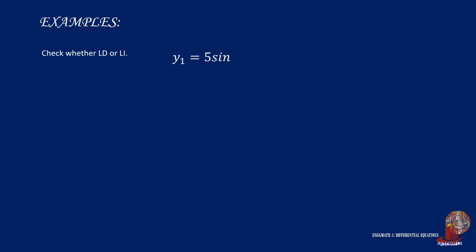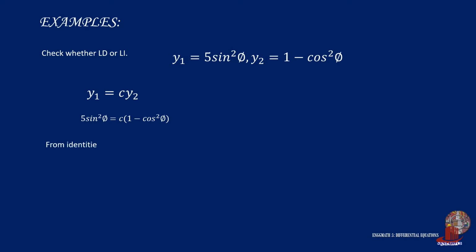How about the two functions for checking this time? y1 is equal to 5 times sine squared of phi, and y2 is equal to 1 less cosine squared of phi. Equating them both, we get 5 times sine squared of phi is equal to c times the quantity of 1 less cosine squared of phi. Now let's recall our identities stating that sine squared of an angle plus cosine squared of an angle is equal to 1.